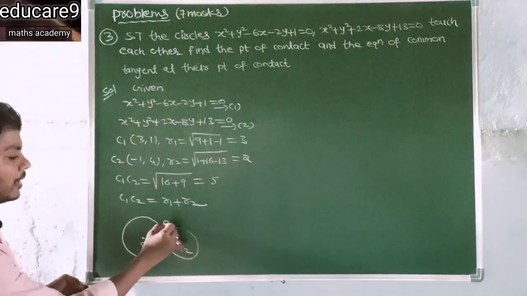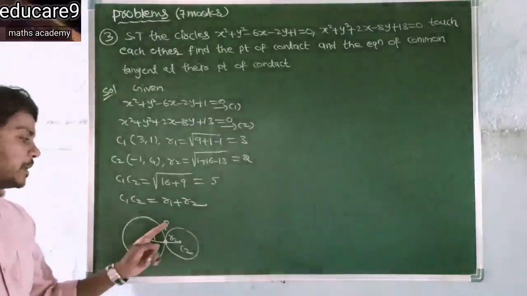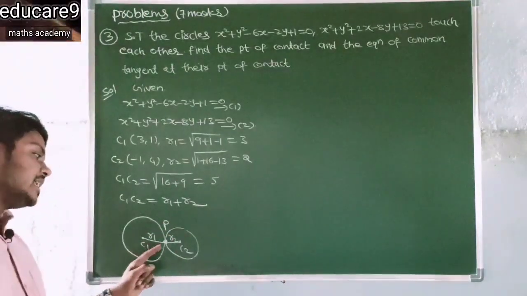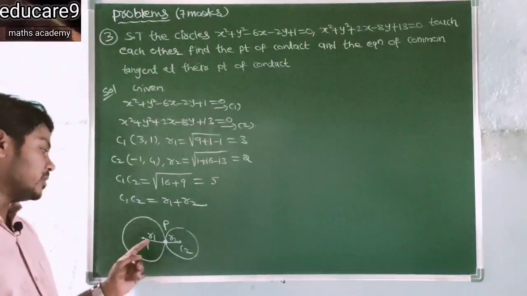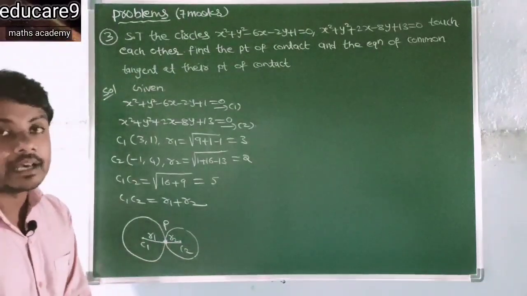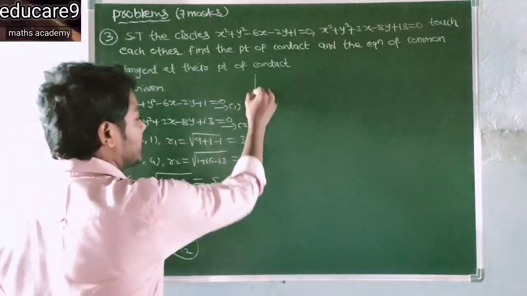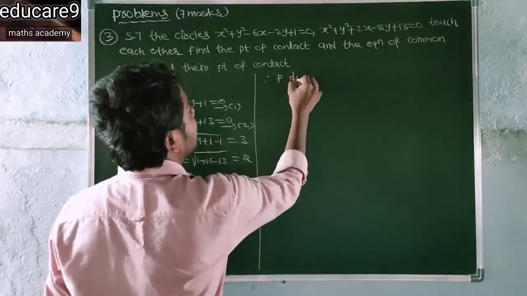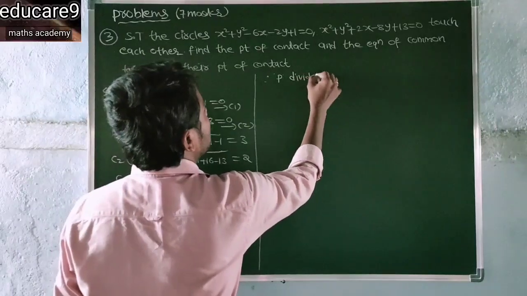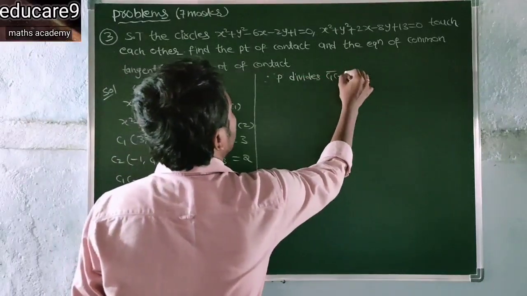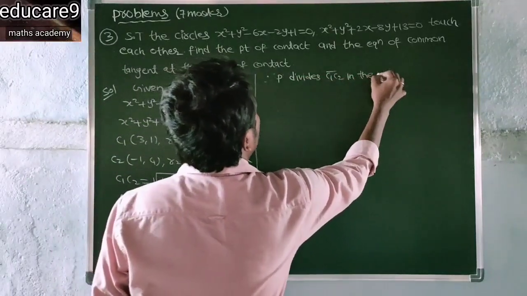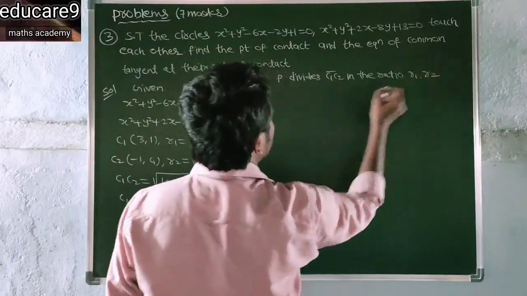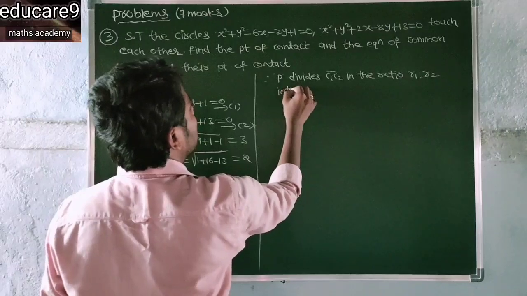You need to find P. So clearly P is the internal center of similitude and this P divides C1C2 in the ratio R1 is to R2 internally.